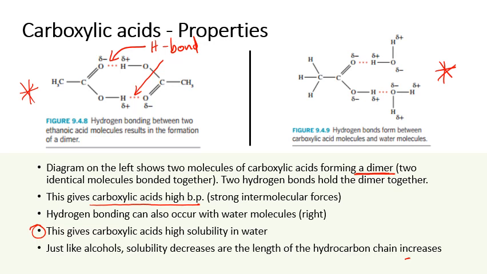So if, for example, we add more carbons through here, the solubility will decrease because all of this part is non-polar. The only polar part of the molecule is the carboxyl functional group. So that's the polar bit, and this is the non-polar bit, and it's a bit of a compromise. As the non-polar bit gets longer, solubility in water decreases.